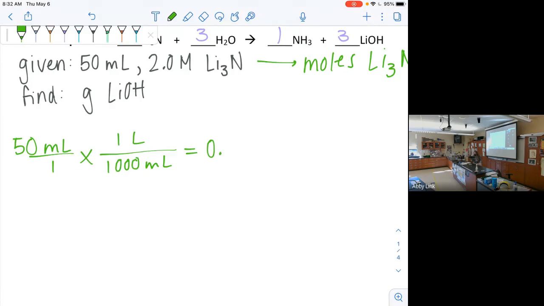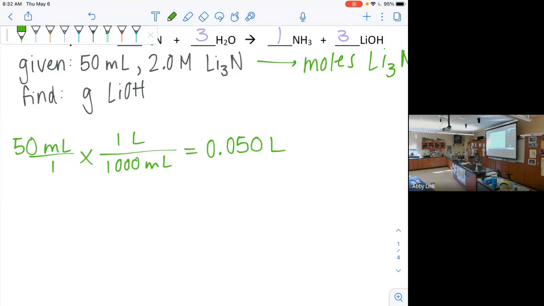If you're comfortable with just moving decimal places, you're more than welcome to do that. I like to do the math and show the conversion. So we end up with 0.050 liters. That's probably the biggest mistake I see with these problems. People forget to convert from milliliters to liters, so just be on the lookout for that.